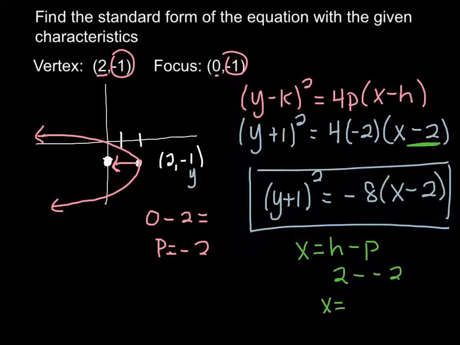Therefore, x = 4. Another way to figure that out is the distance from the vertex to the focus is 2 units. So I need to go 2 units in the opposite direction. And this line right here is x = 4, which is the directrix.